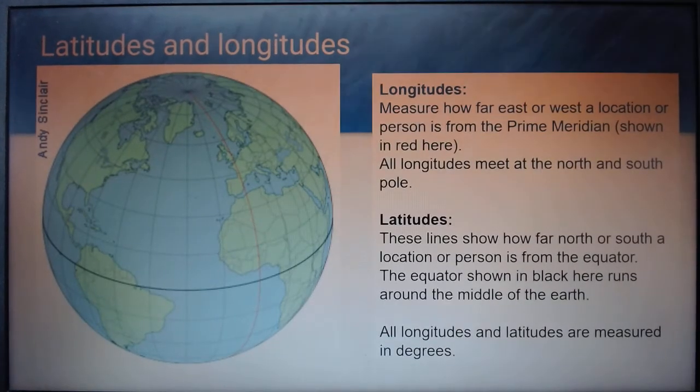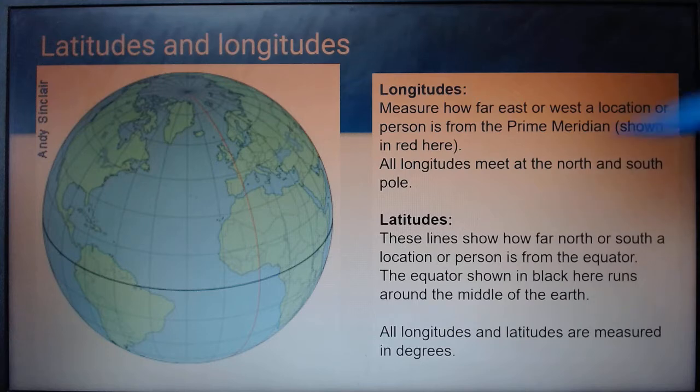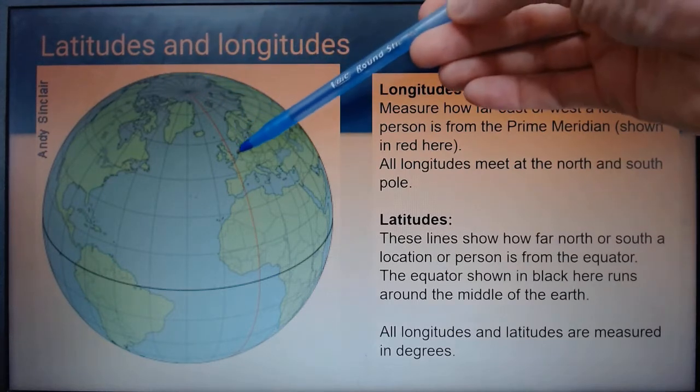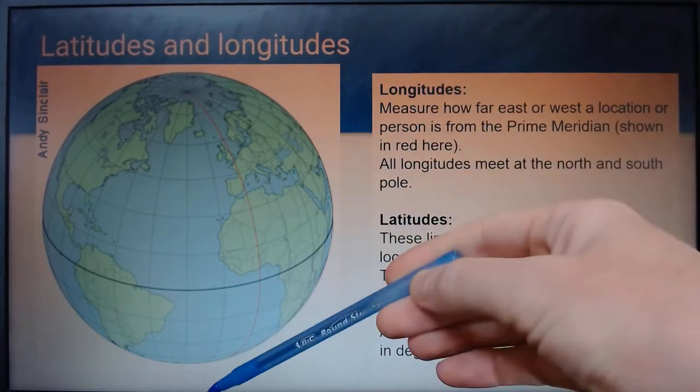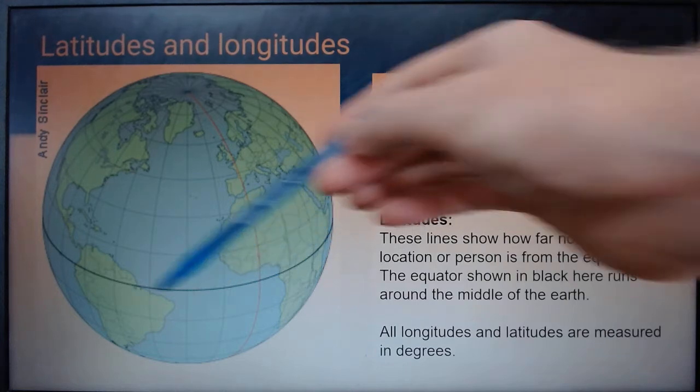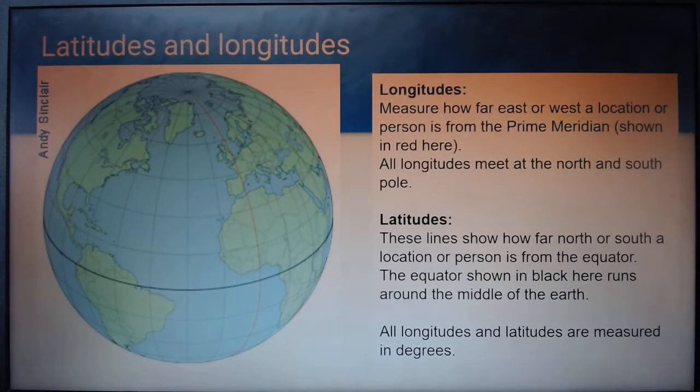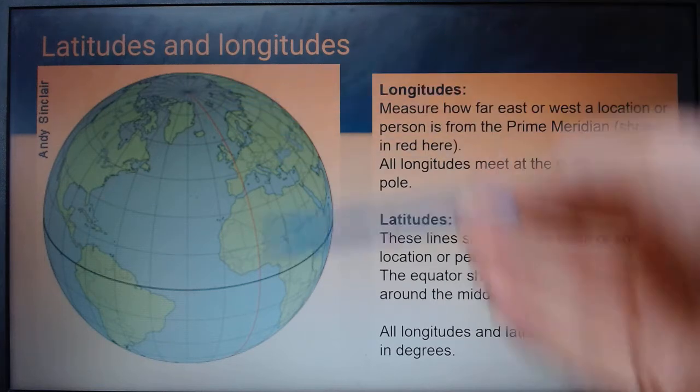So here's another little note to add about latitudes and longitudes, and this is a good little diagram to help you understand. The red line is our prime meridian. Here's England. It comes straight down here, and then around the middle is our equator going east to west. Longitudes measure how far east or west a location is, how far a person is from the prime meridian, shown in red.